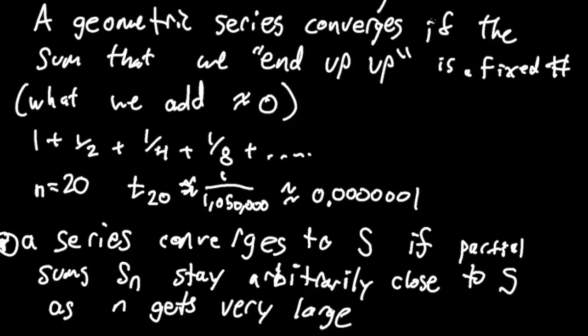So eventually we're basically adding on nothing and we're staying at that sum S, that number S. And this happens because the term values are getting smaller and smaller and smaller. This is because we're multiplying by some value that is less than 1. So here, for example, we're multiplying by 1/2, so the term value becomes smaller and smaller.